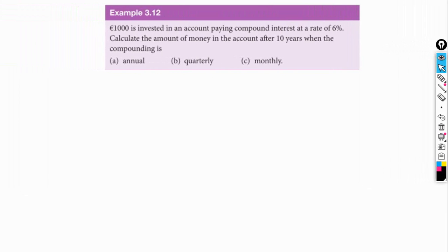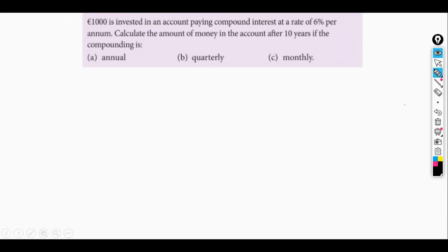We continue with example 3.12, and it says 1,000 euros is invested in an account paying compound interest at a rate of 6% per annum. Calculate the amount of money in the account after 10 years if the compounding is A, annual. So annual compounding is simple, right?